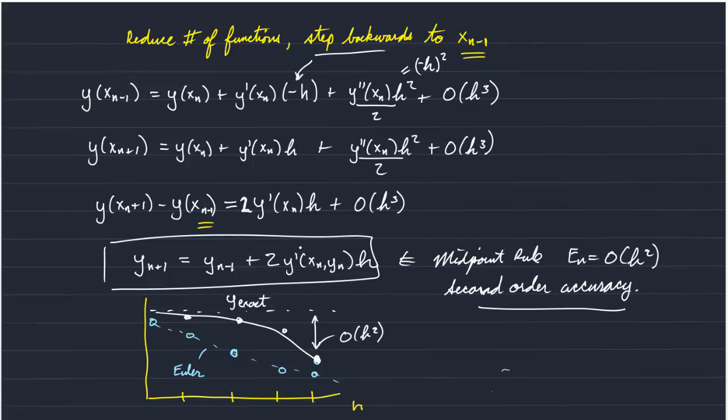Well, I'm just noticing that y prime is equal to f, so it would be more appropriate to write the midpoint rule as y(n+1) equals y(n-1) plus f evaluated at the midpoint, x_n, y_n, times 2h.